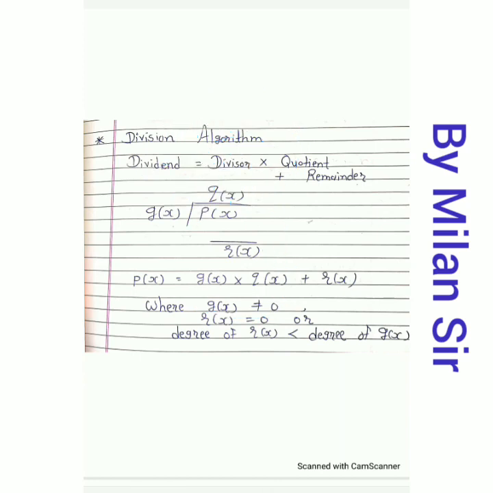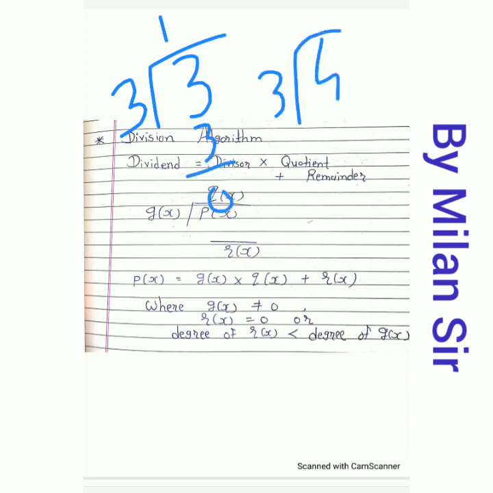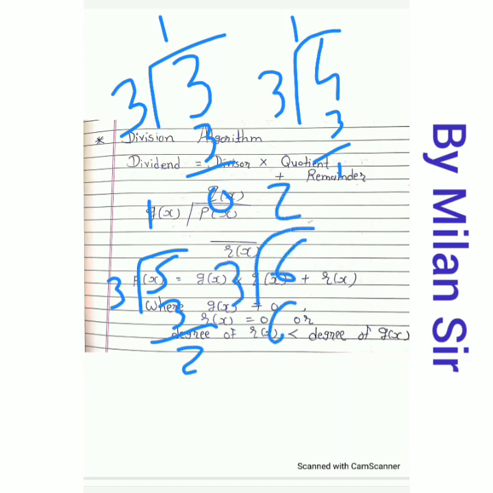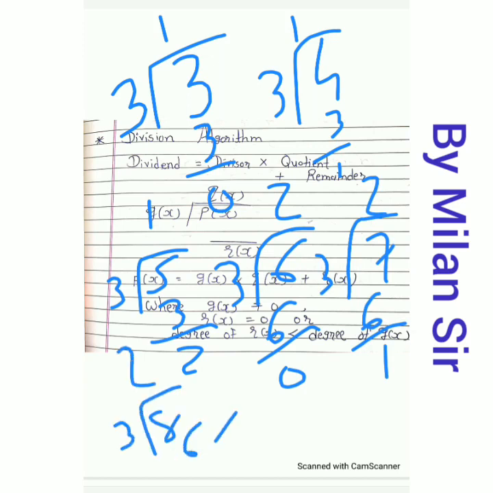Now for r of x. If we divide 3 by 3, 3 ones are 3, remainder 0. If we divide 4 by 3, 3 ones are 3, remainder 1. 5 by 3, remainder 2. 6 by 3, 3 twos are 6, remainder 0. 7 by 3, remainder 1. 8 by 3, remainder 2. 9 by 3, 3 threes are 9, remainder 0.